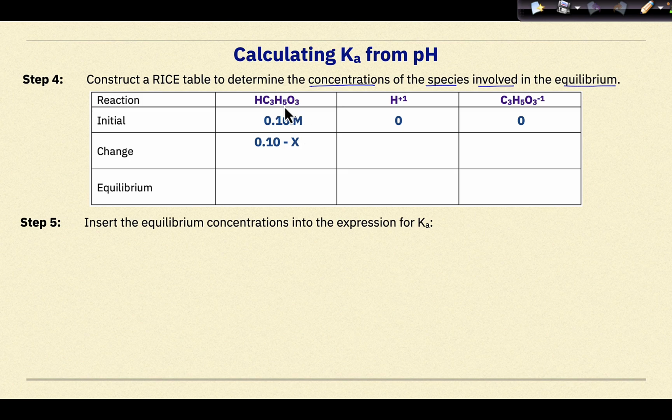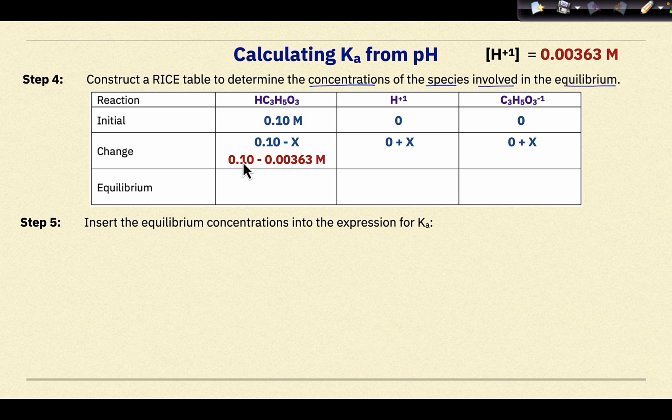The change here is going to be ionizing some of this lactic acid to form hydrogen ions and some of the anion. From the previous slide, we know that the concentration of the hydrogen ion is equal to 0.00363 molar. So we can plug that into our values in the change section of our ICE table.